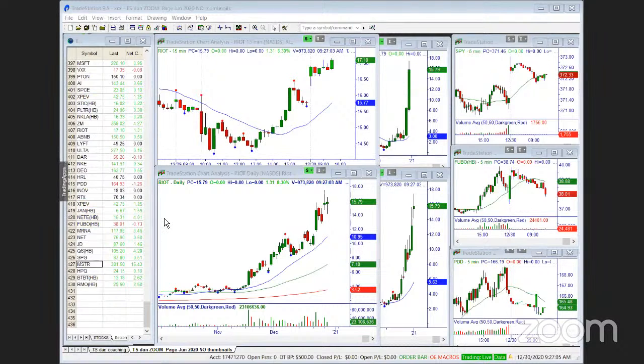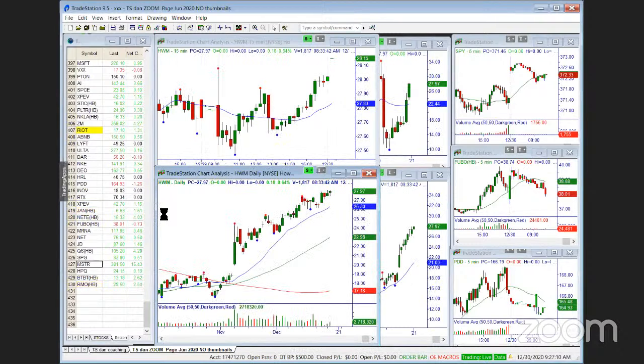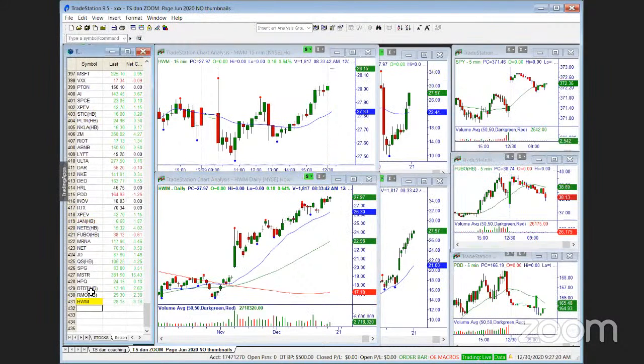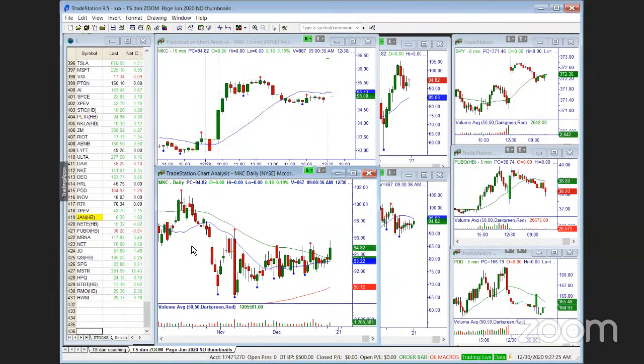HWM. Yeah, that's a strong uptrend. That's just another marching strong uptrend with higher highs, higher lows. Yeah, I'll keep an eye on it. MKC.